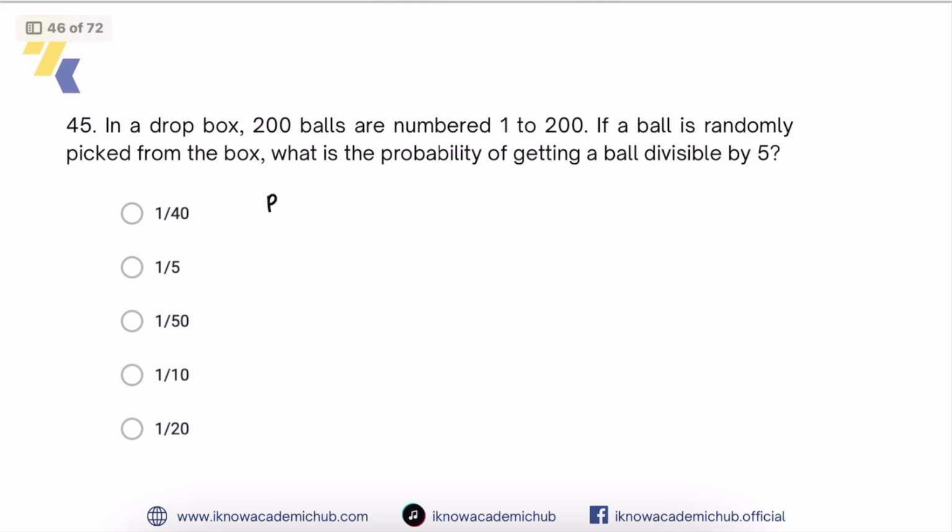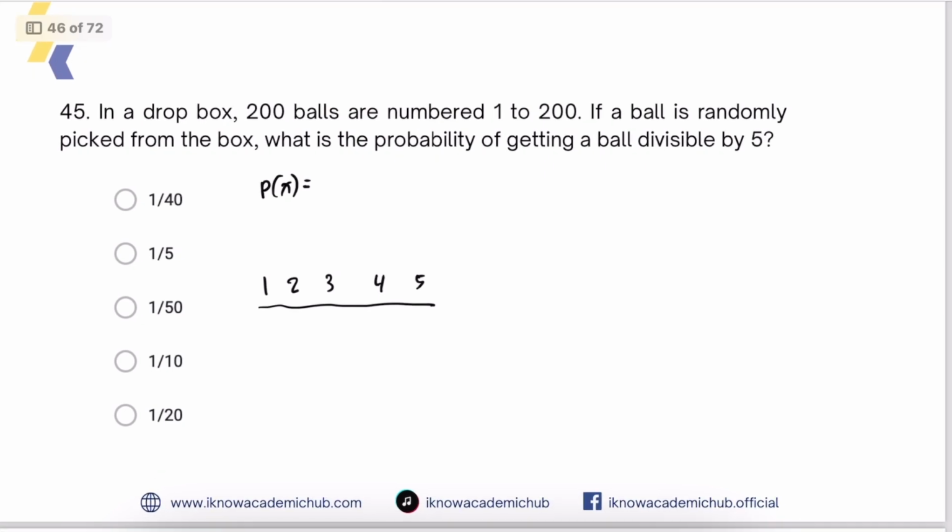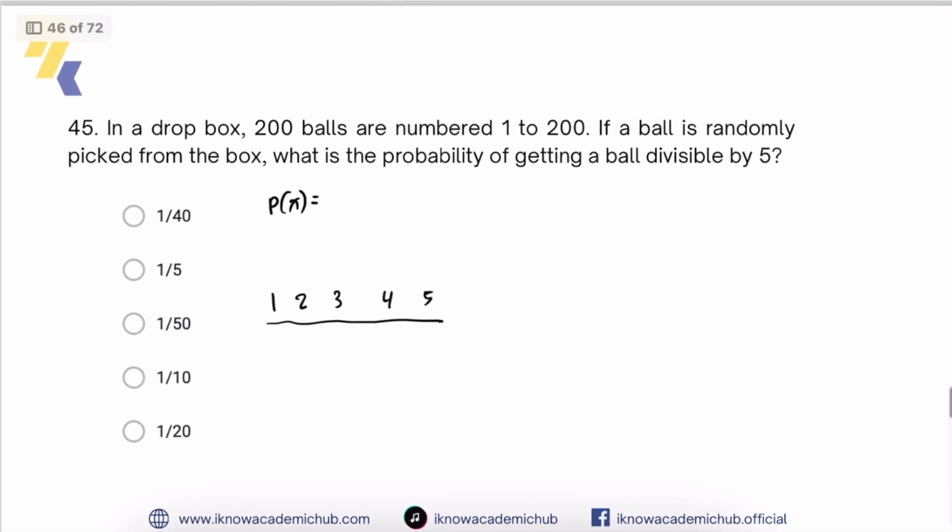So that is P of X is equal to, from 1 to 200, there is exactly, let's say we have 1, 2, 3, 4, 5. For every 5 balls, there is 1 ball that is divisible by 5.